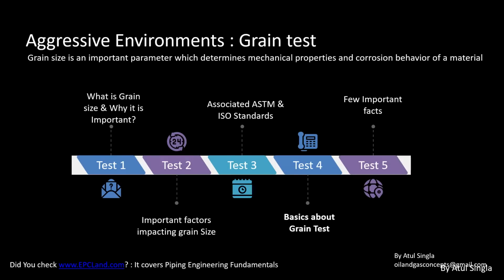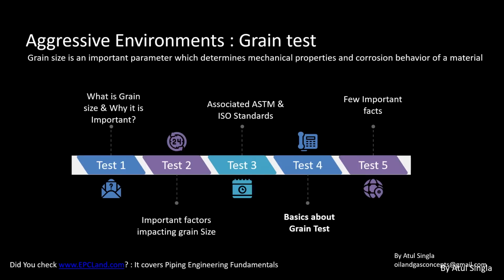Grain test is one of the tests which we perform, which comes under metallurgical testing, generally performed for aggressive environments. In this section, what we are going to understand is what grain size is, why it is important, what the various factors are which impact the grain size, and what the various ASTM and ISO standards are which talk about the grain test.